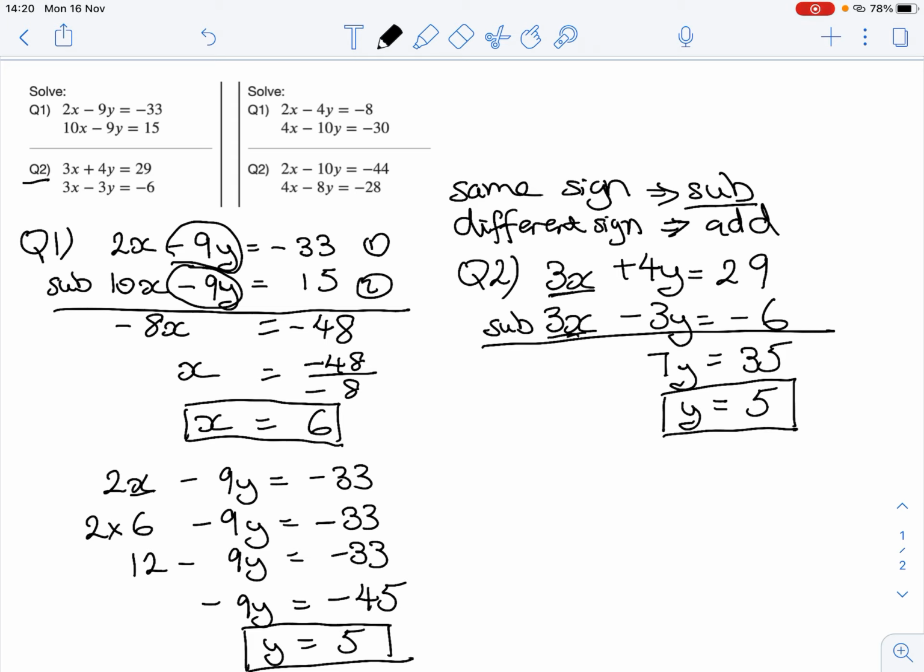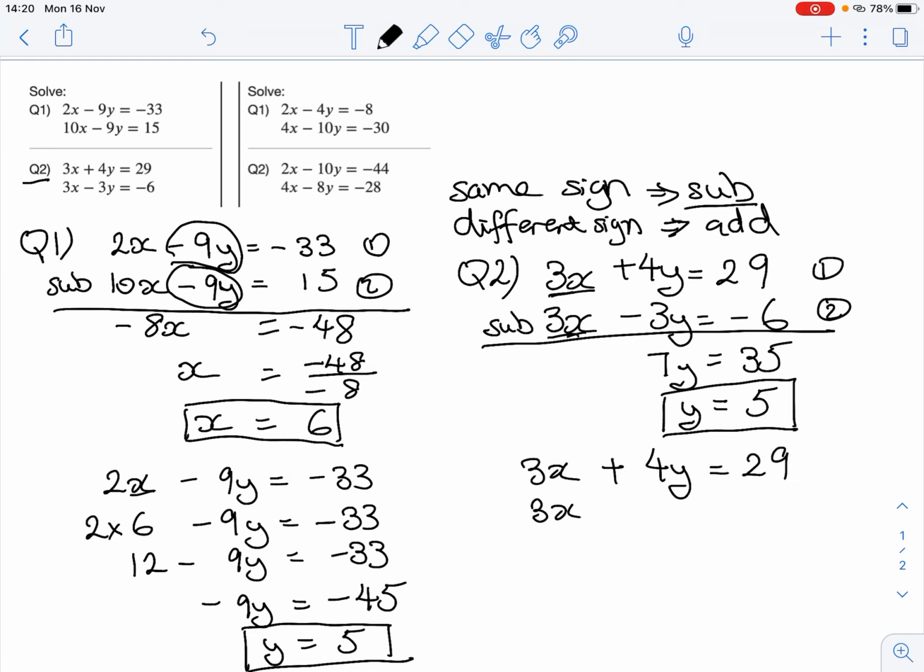Remember, with a simultaneous equation, you're going to get a value for x. Again, we can substitute into equation 1 or equation 2. We're going to pick equation 1: 3x plus 4y equals 29.